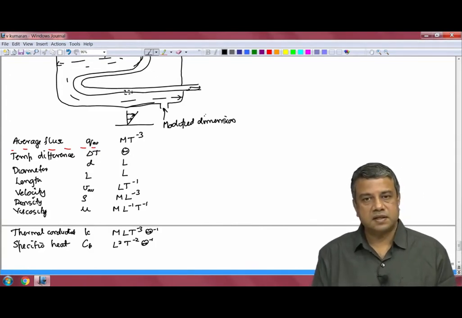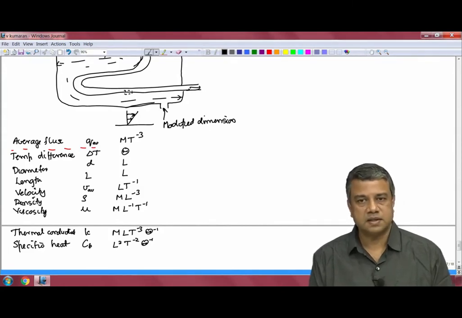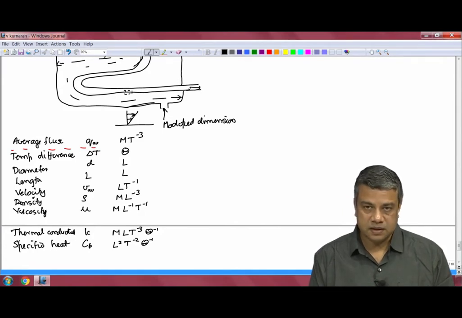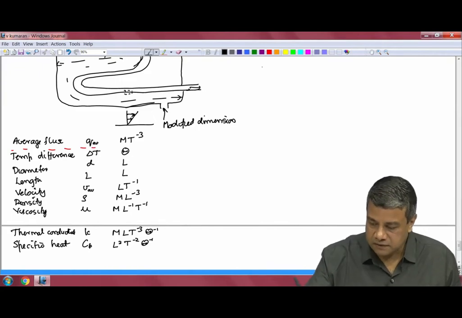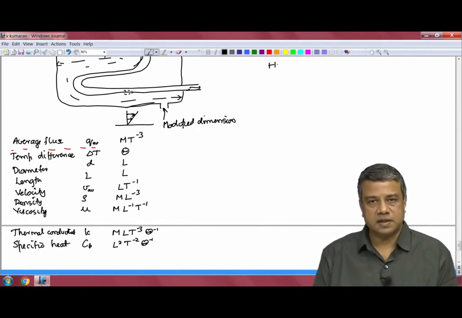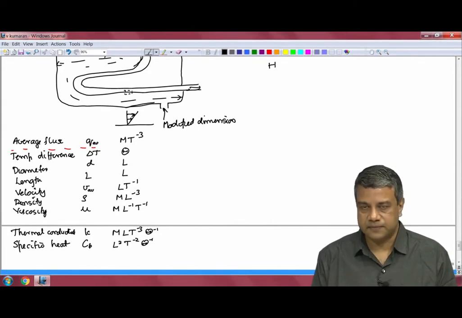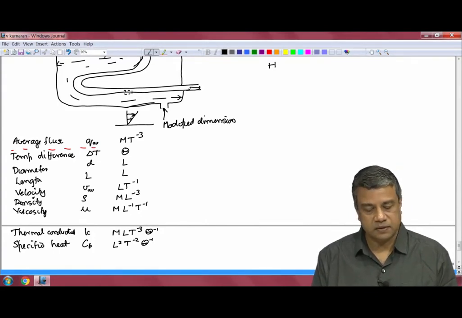Just as we had considered the solute mass and the fluid mass to be different dimensions in the previous problem, we will consider here the thermal energy to be different from the mechanical energy and define a different dimension H for the thermal energy. The heat flux then is the thermal energy transported per unit area per unit time.